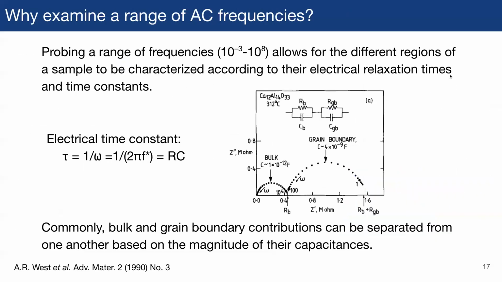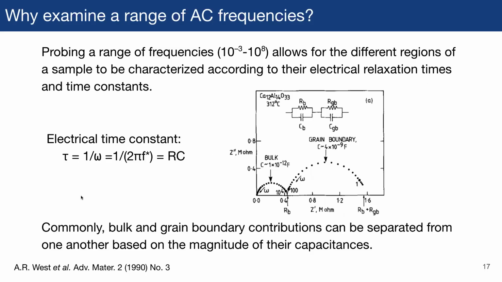Okay. Now, one question you might have is why do we examine this range of AC frequencies? And the reason is we need to apply a bunch of different frequencies in order to separate out different electrical relaxation times and time constants that correspond to different regions of our sample.